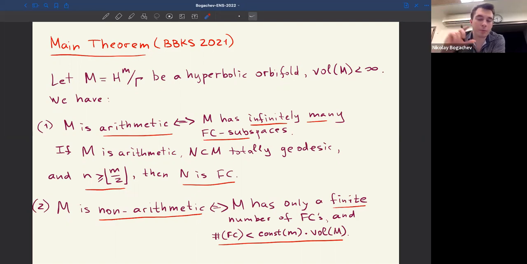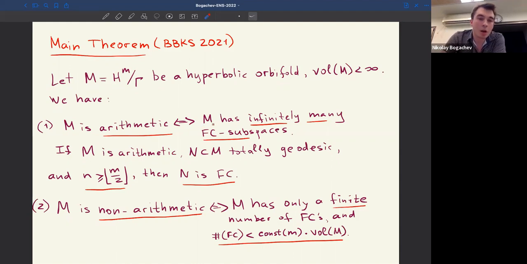So smaller codimensions should always be FC in the arithmetic case, but low-dimensional ones can be non-FC; there are some examples. Moreover, M is non-arithmetic if and only if M has only finitely many FC subspaces, and in fact, the number of these FC subspaces can be bounded above by some constant depending on the dimension multiplied by the volume of the hyperbolic manifold or orbifold M.